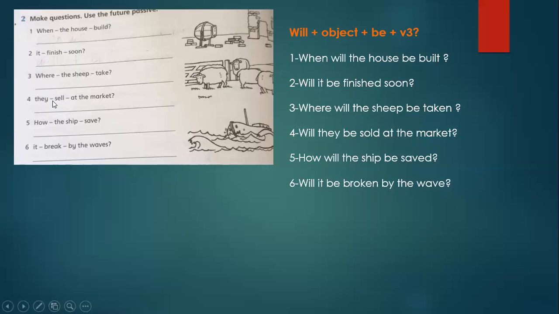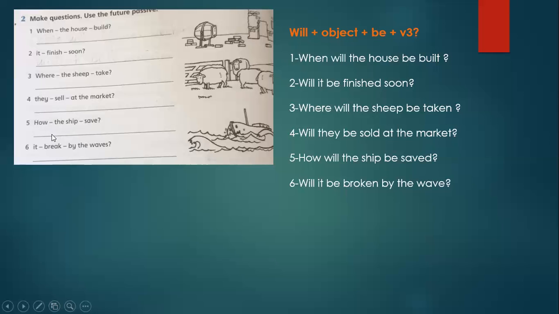The past participle of sell is sold. So will they be sold at the market? And don't forget the question mark. Here, how, we put how, then we put will. Where is the object? The ship is the object.